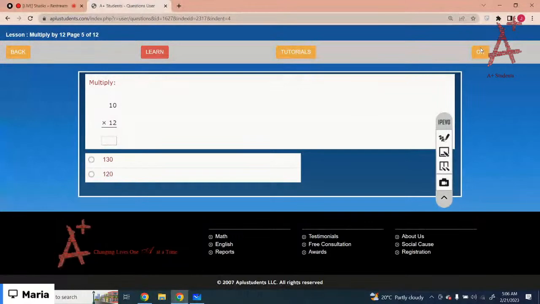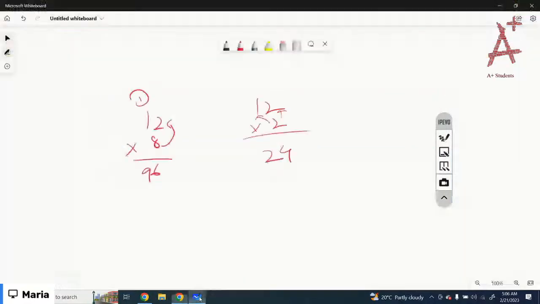Next one is 10 times 12. So let's just multiply 10 times 12. Let's multiply the rightmost digit. 2 times 0 is 0. Now you have to do 2 times 1. 2 times 1 is 2. Now we're going to start multiplying the tens digit.